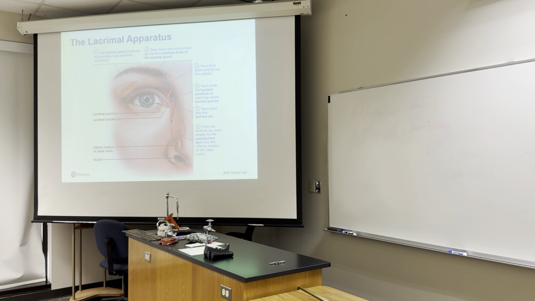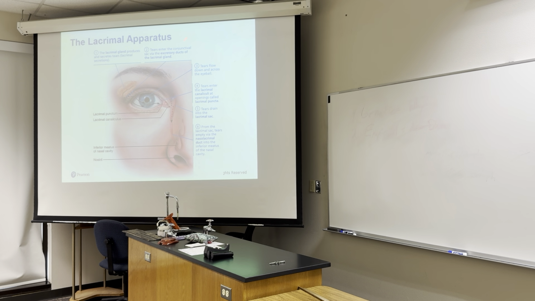But do you know where your lacrimal gland is located? We talked about it very well in the lab. Where? On the lateral side or the medial side? On the lateral side. Superior or inferior? Superior lateral. Very good. So the lacrimal gland is the one which produces and secretes the what? Tears.